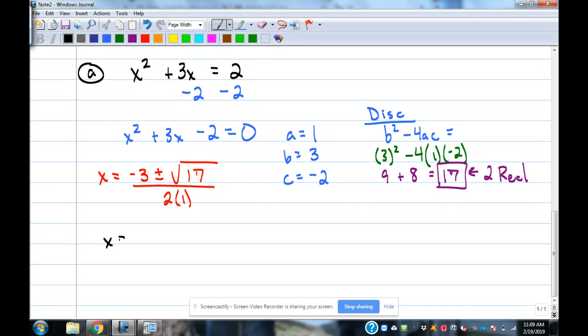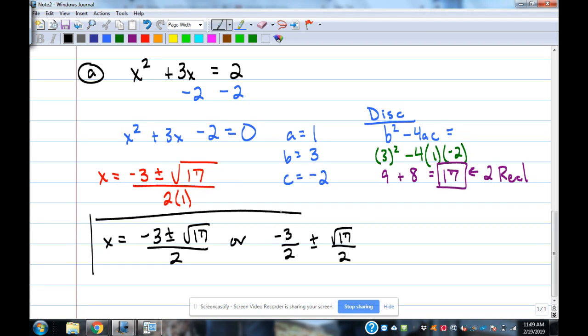And we end up with x equals -3 plus or minus the square root of 17, all divided by 2, because 2 times 1 is 2. Or you could write it like this, -3 over 2 plus or minus square root of 17 over 2. Those are the exact solutions.